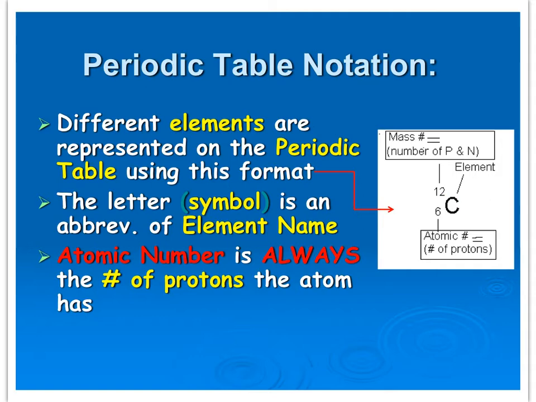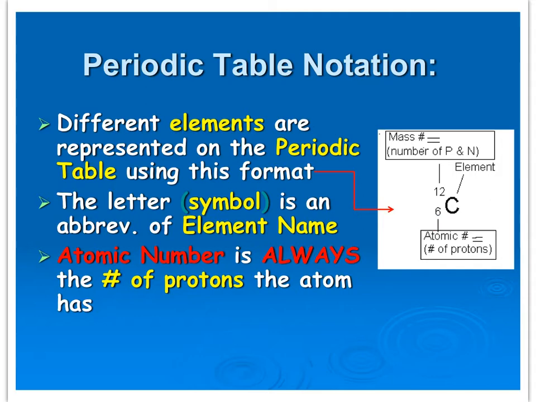There are some symbols that get their names from Latin. And the atomic number, which is the number of protons, usually goes here. Sometimes on our periodic table in the classroom, it's actually up in the top corner.